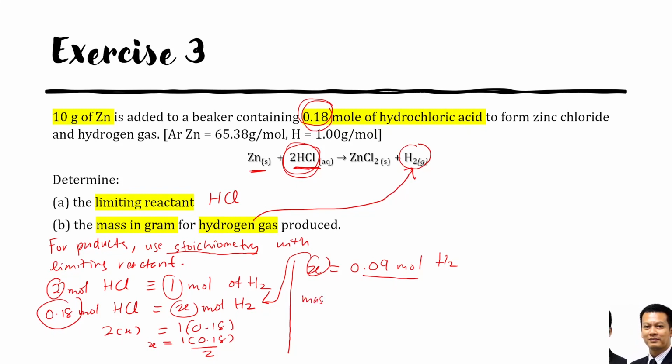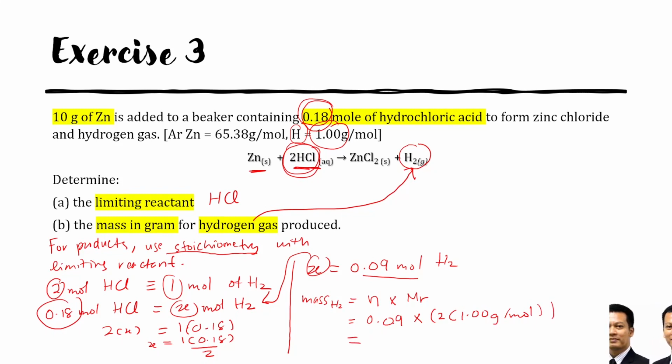So mass of H2 is equal to number of mole times MR. MR given is of H, so this one is not H2 but H. So 0.09 times 2 times 1.00 gram per mole.